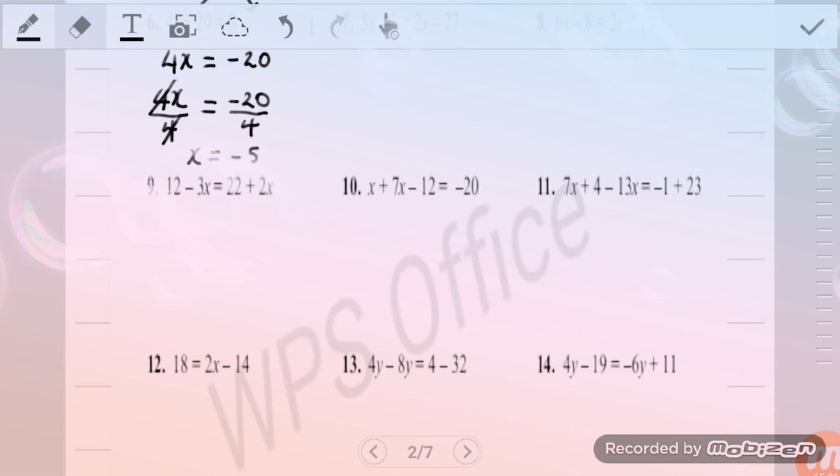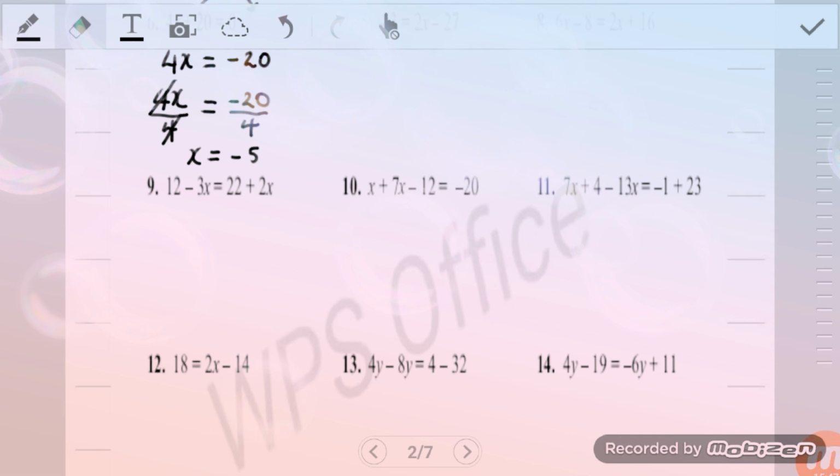So here, all I'm going to do now is just focus on trying to get my variables to be on one side. Now, remember I mentioned to you rule number 3, so to speak, is that I always aim to transpose my variable to the side that contains the larger coefficient.